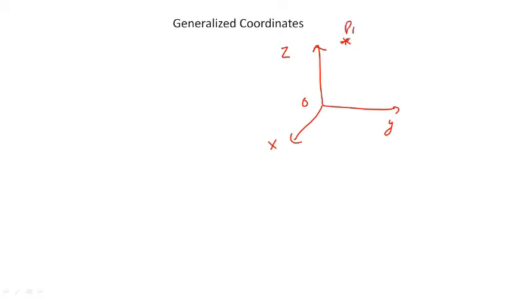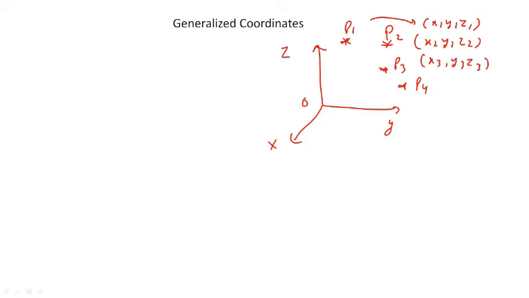Say this is P1 particle, this is P2 particle, this is P3 particle, and this is P4 particle. These are non-collinear particles. Suppose P1 has the Cartesian coordinates x1, y1, z1, P2 has x2, y2, z2, P3 has x3, y3, and z3, P4 has x4, y4, z4 Cartesian coordinates.